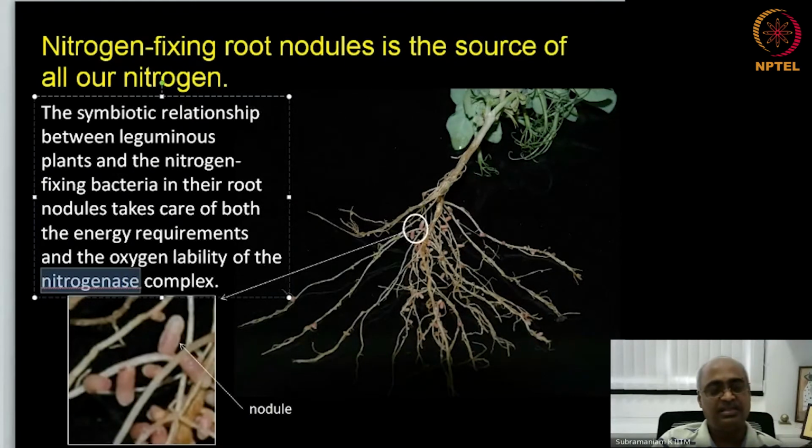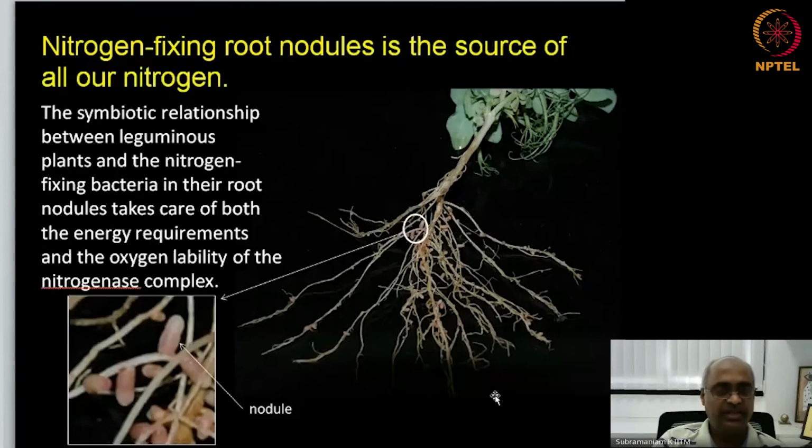And the oxygen is removed away from this bacterial nitrogenase and protected by the plant produced components. So therefore plants provide both energy requirements and they take care of the oxygen lability of the nitrogenase complex. So that is how bacteria benefit from the plants. Plant benefits by getting the fixed nitrogen.